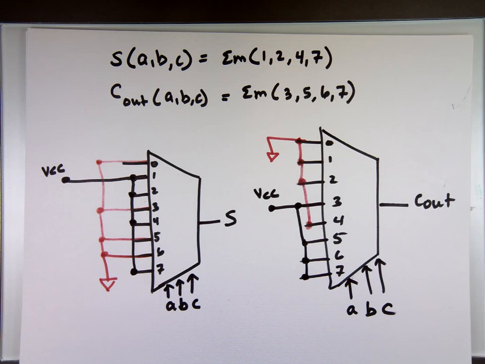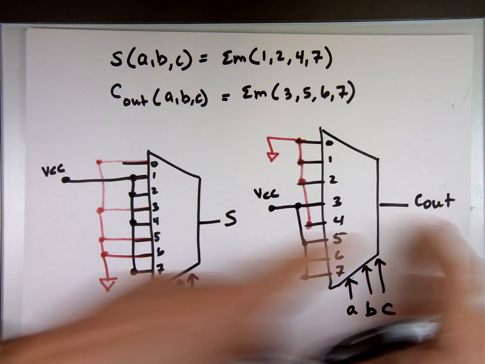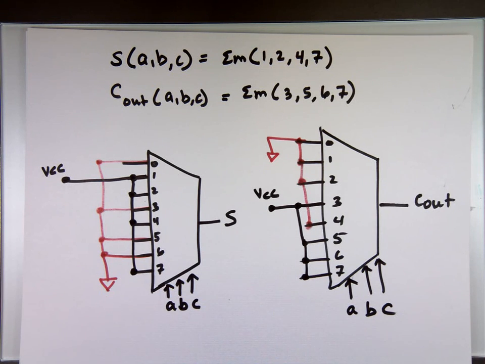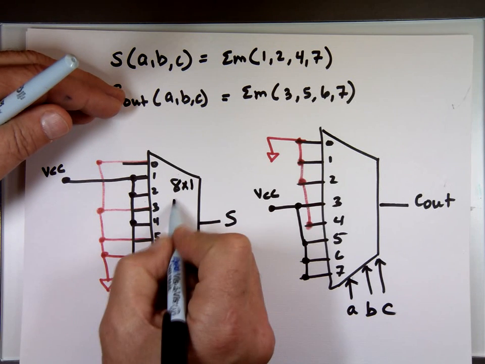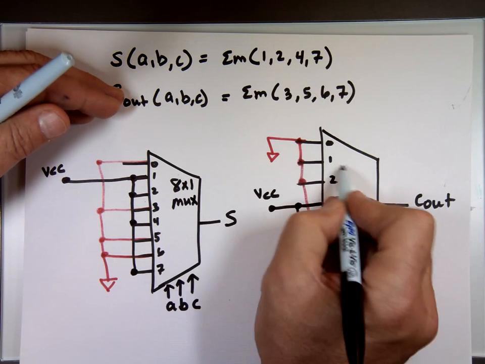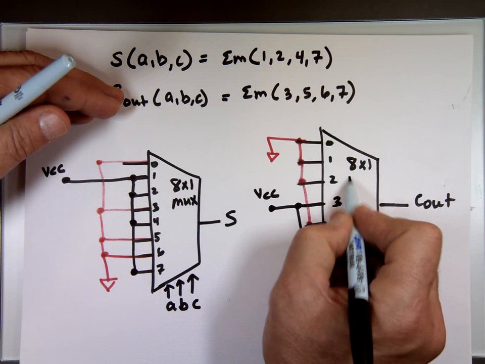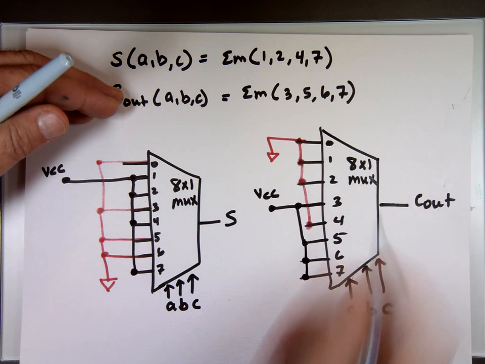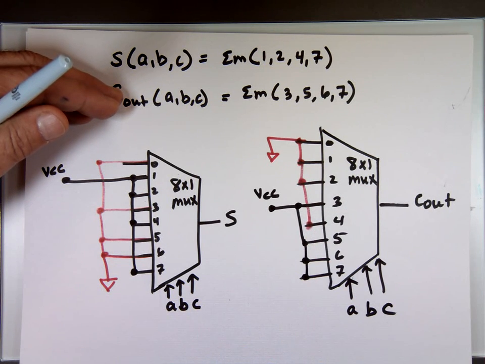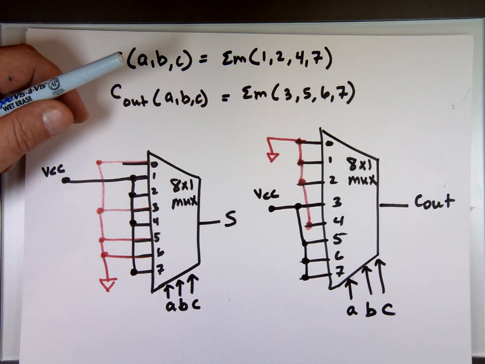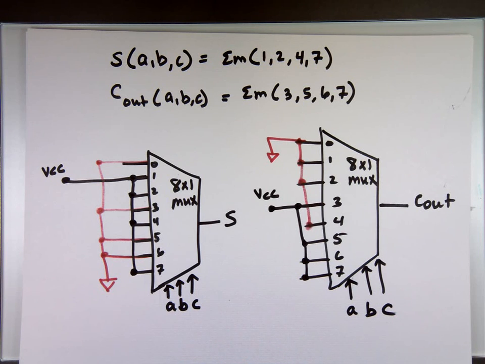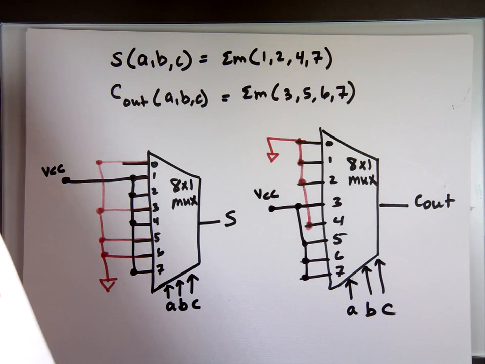And now we got the sum and the carry out using 8 by 1 muxes. This is an 8 by 1 mux, 2 of them. So their difference is that they have one alpha, correct? Yep, that's the only difference. If you have 4 functions, you need 1 for each one of them. When we did this with a decoder, notice that you can have as many outputs as you want.